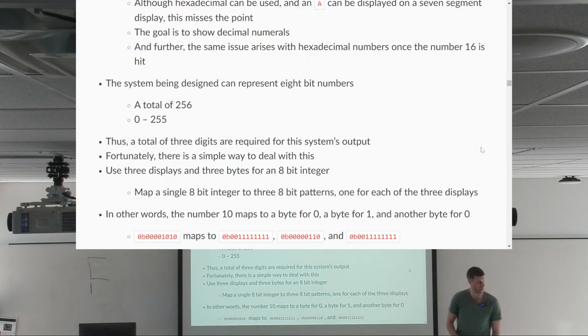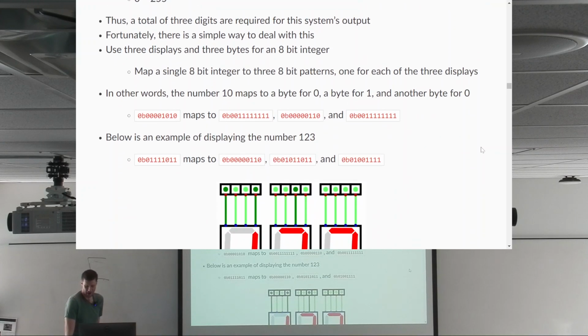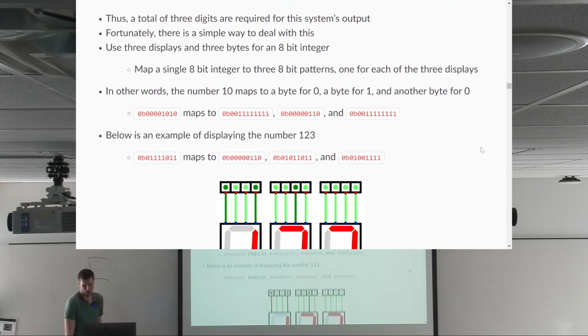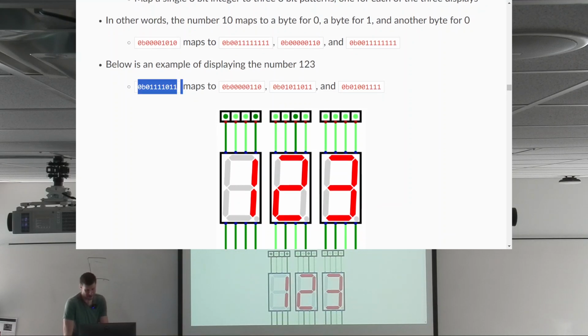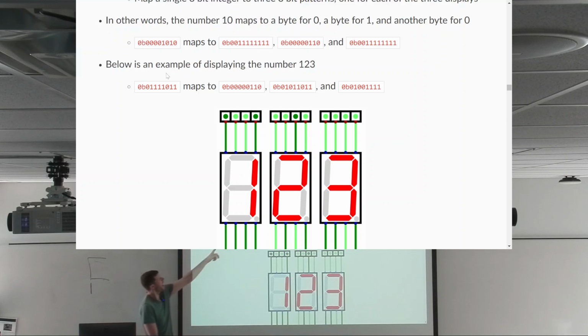We'll use 3 displays and 3 bytes for every 8-bit number. What do I mean by this? Let's look at the number 123, for example. This is the binary pattern for 123. If I just had a 3, which is those bits there, I would only care about this bit pattern for the number 3.